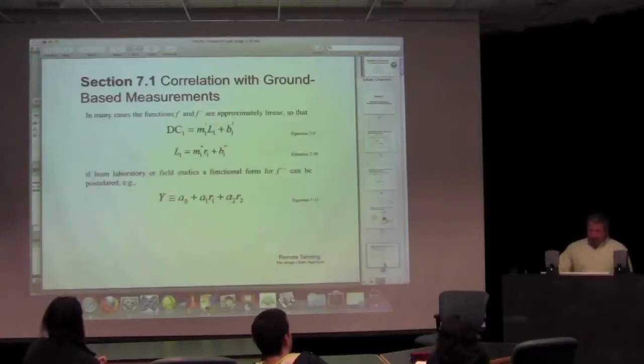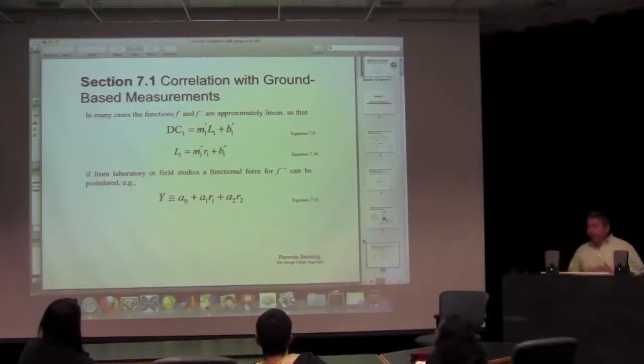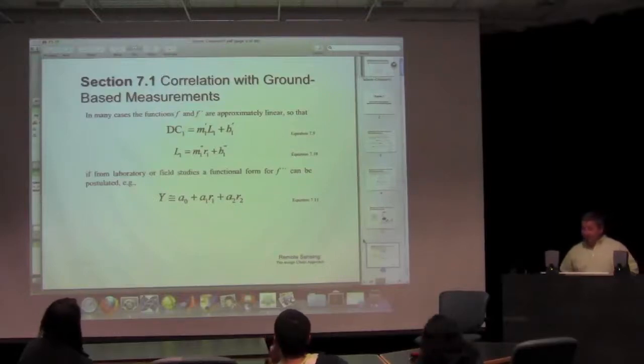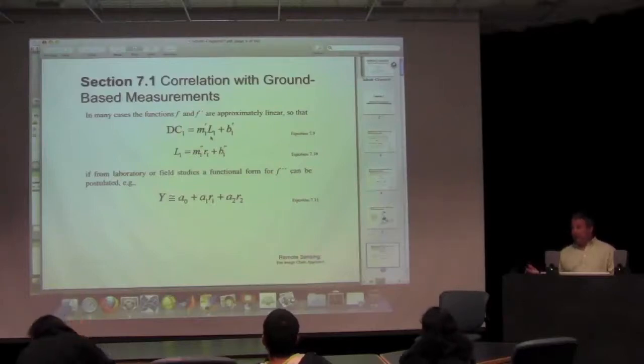All right, a lot of times we design systems such that they react in a linear fashion. And that's good. It keeps life very simple. So the relationship between digital count and radiance falling onto a sensor is often linear. Everything's designed so that these sensors respond in a linear fashion.